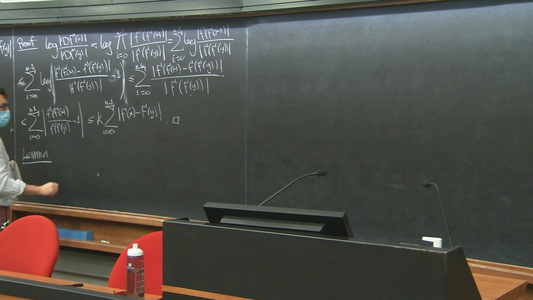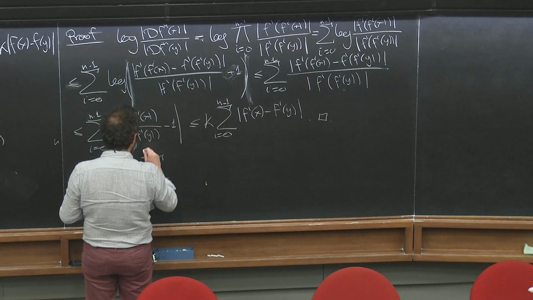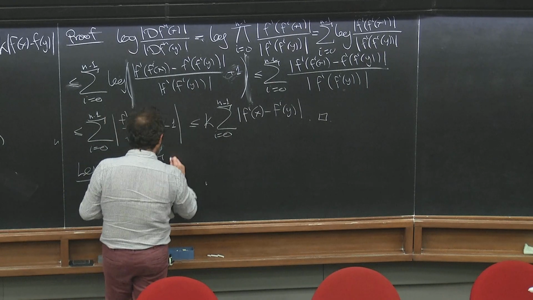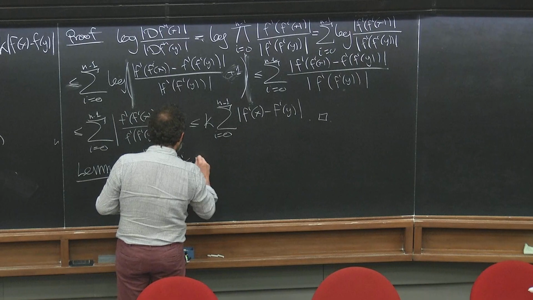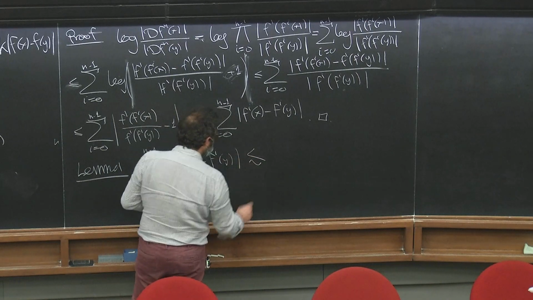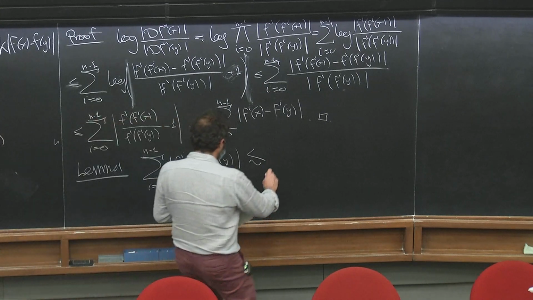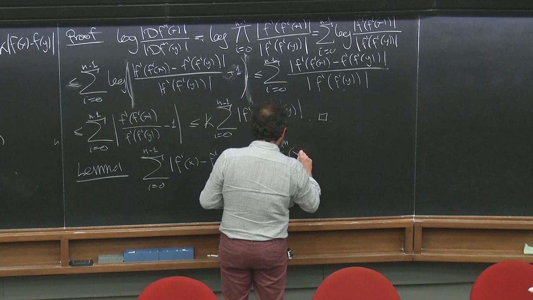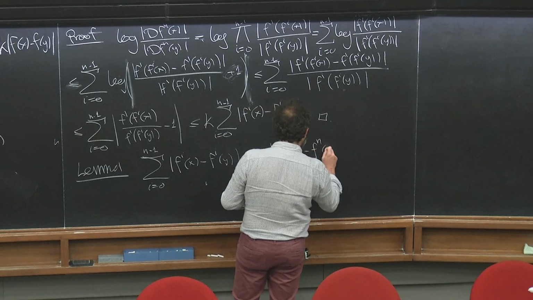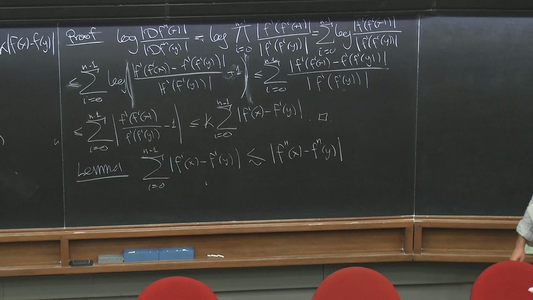The lemma is that the sum for i equals 0 to n minus 1 of f^i(x) minus f^i(y) is less than or equal to, up to some constant, f^n(x) minus f^n(y), right? And the proof is simply this.